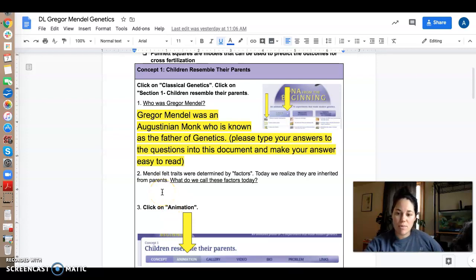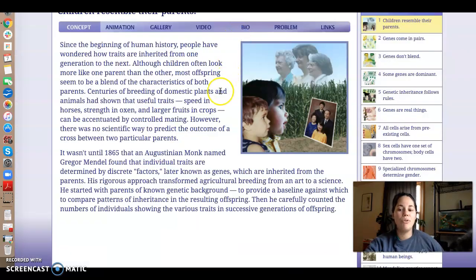If you don't remember from the reading, we come back over here and we're looking for that passage that talked about those individual traits being determined by factors. I find that here in the second paragraph where it says, Gregor Mendel found that individual traits are determined by discrete factors, later known as genes, which are inherited from the parents.